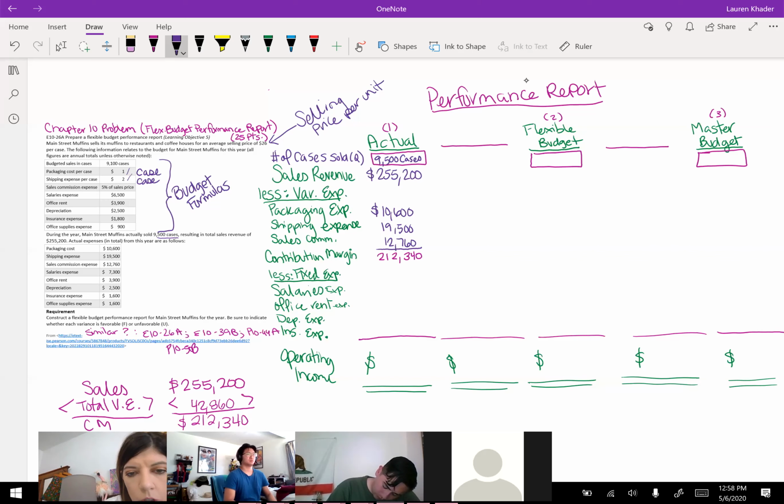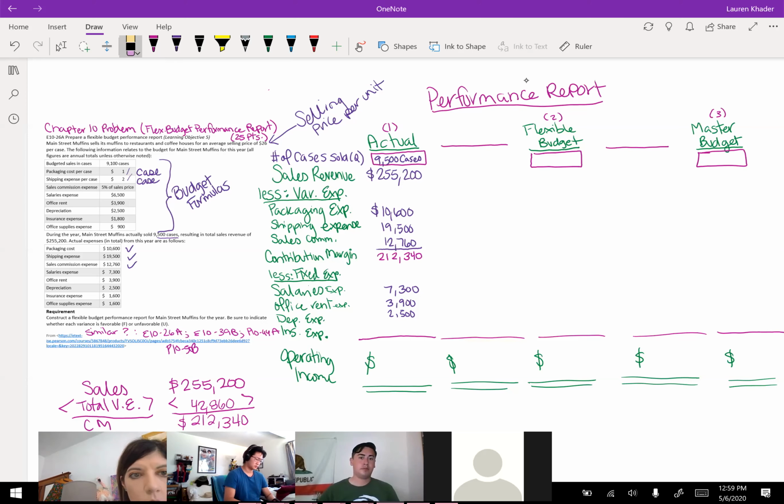After contribution margin, we subtract all of our fixed expenses. So we've already used packaging costs, shipping expense, and then sales commission expense. All of those are variable in nature, either based on the sales price, percentage of sales price, or per case, so per unit. The fixed expenses are given. 7,300 was actually incurred. 3,900 rent, depreciation of 2,500.